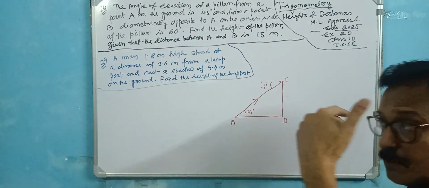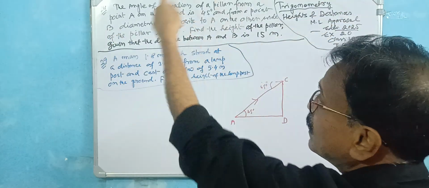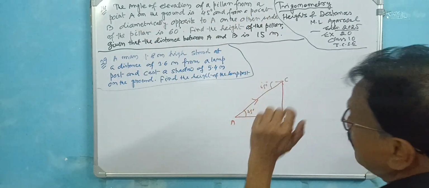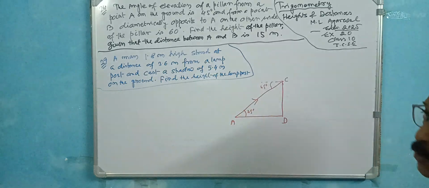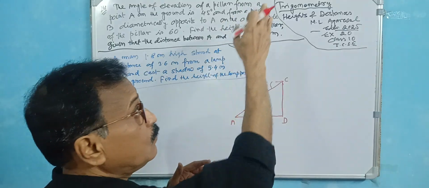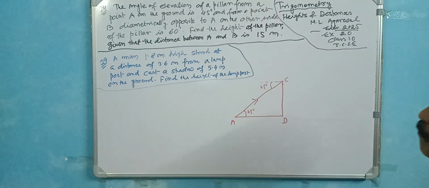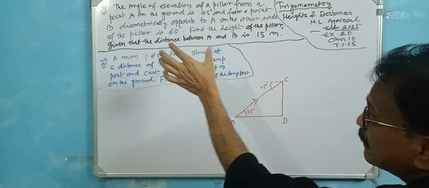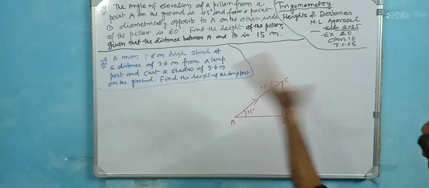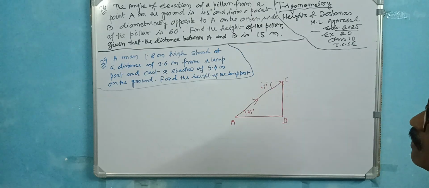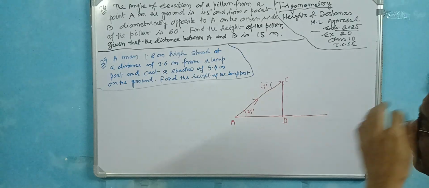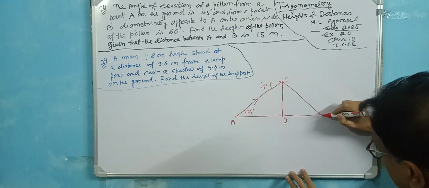Each and every time you repeat the sum: the angle of elevation of a pillar from a point A on the ground is 45 degree. Then from a point B, diametrically opposite to A on the other side of the pillar, the angle is 60 degree.